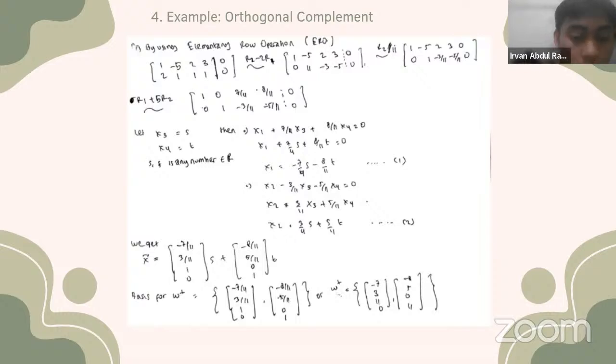We can write (minus 7 over 11, 3 over 11, 1, 0) and (minus 8 over 11, 5 over 11, 0, 1). Or we can write W perp as the set of two vectors like (minus 7, 3, 11, 0) and (minus 8, 5, 0, 11).